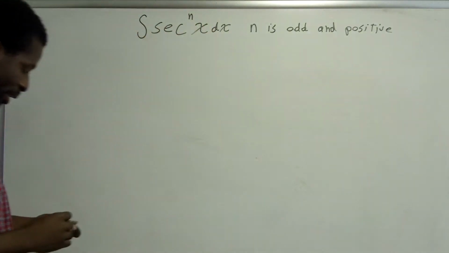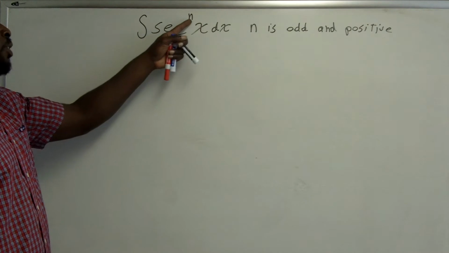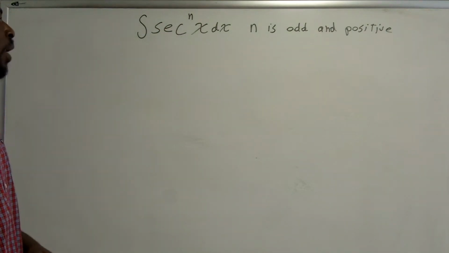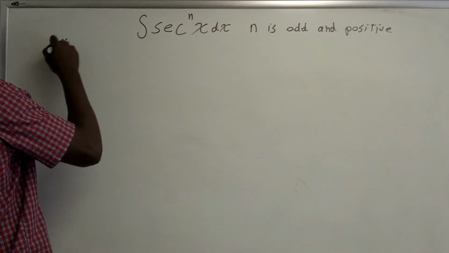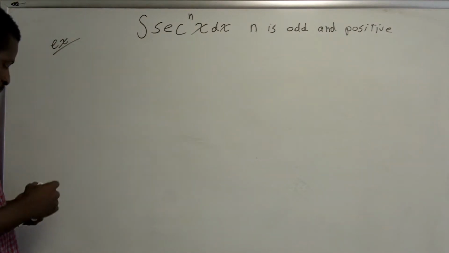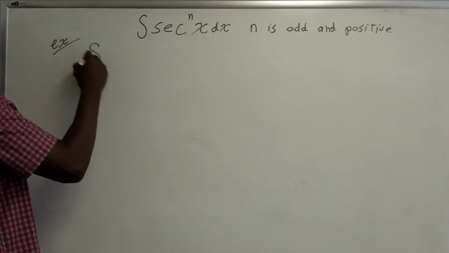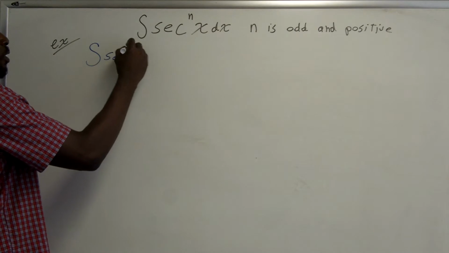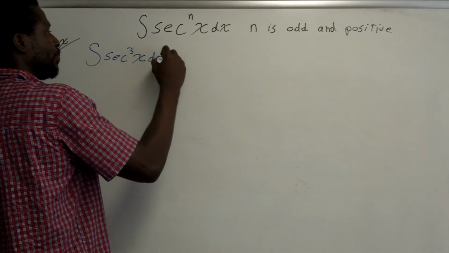So we're going to look at integrals of this form where we have secant raised to an odd positive power. And in order to do this, we're going to do integration by parts. So let's take a look at an example. Let's take a look at the integral of the secant cubed of x dx.